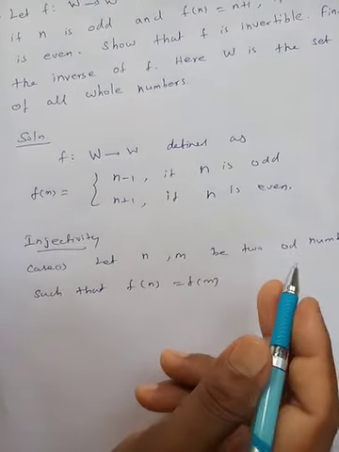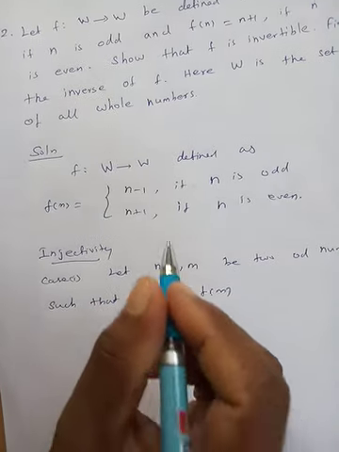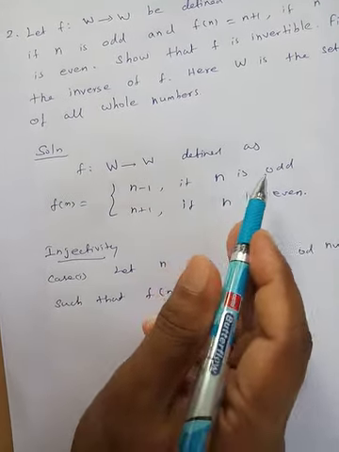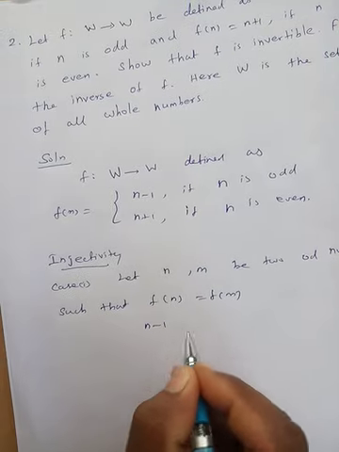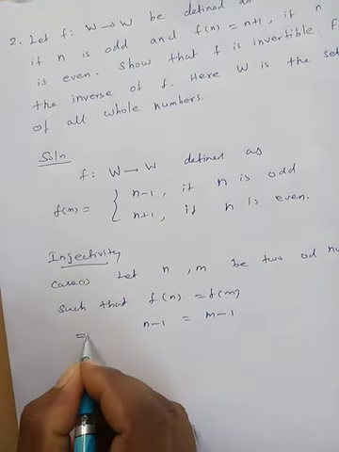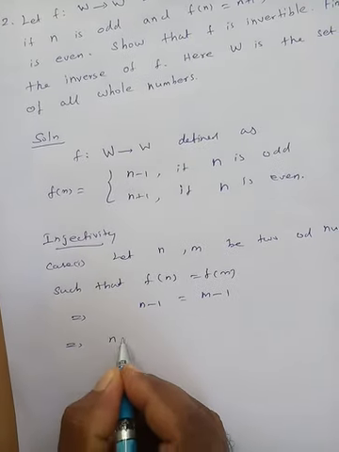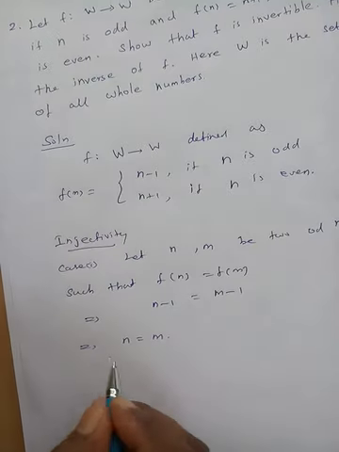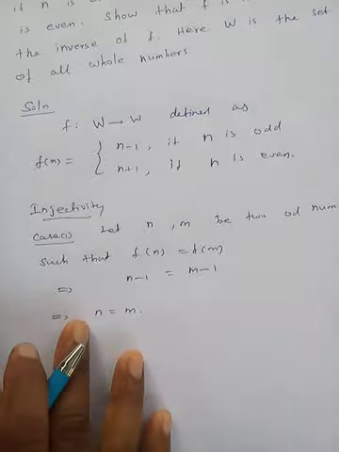Now n and m are odd numbers, then f of n is equal to n minus 1 and f of m is equal to m minus 1, which implies n is equal to m. This is case 1.